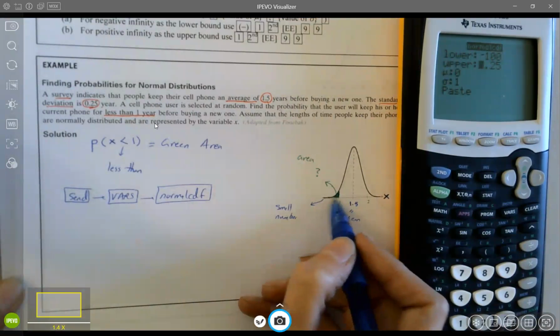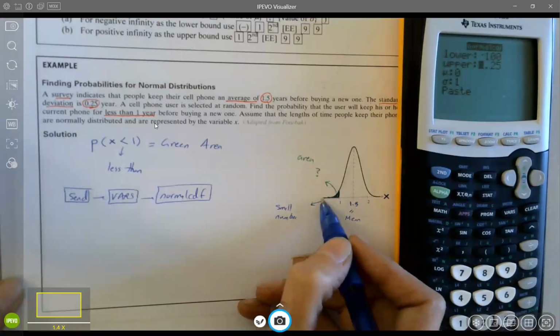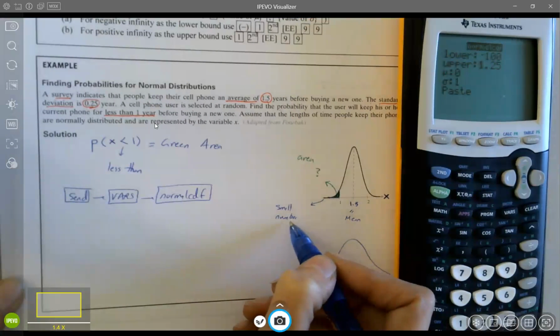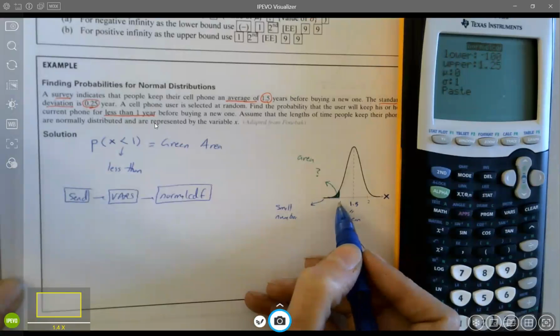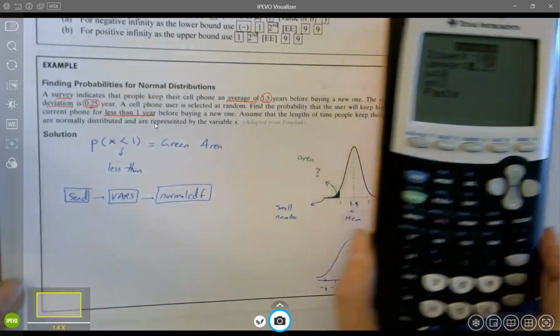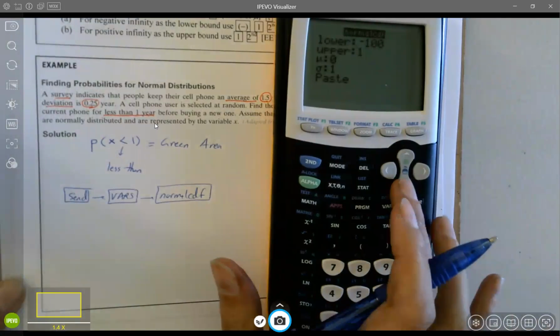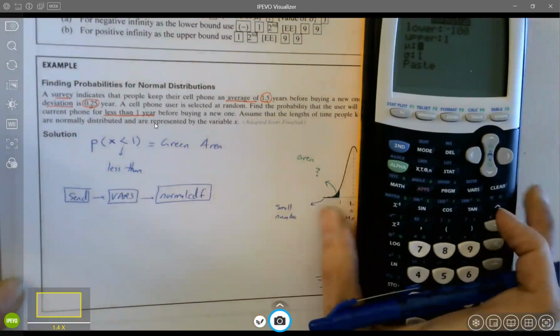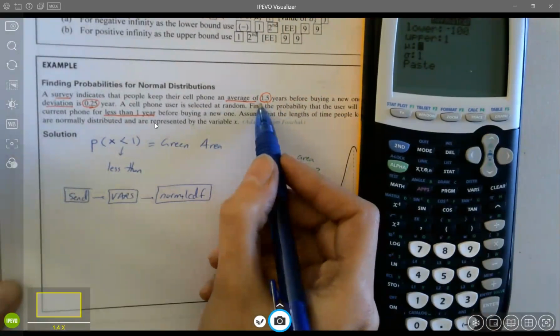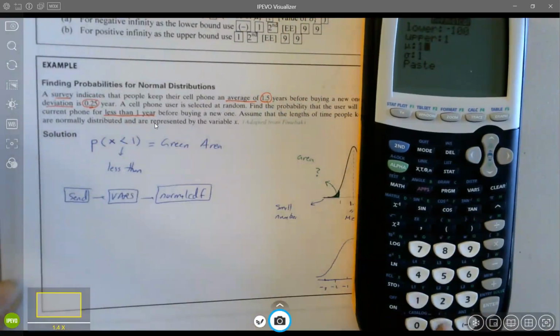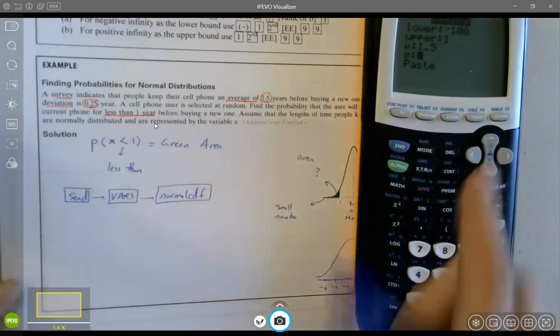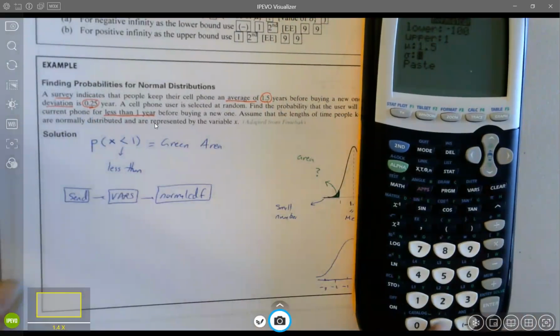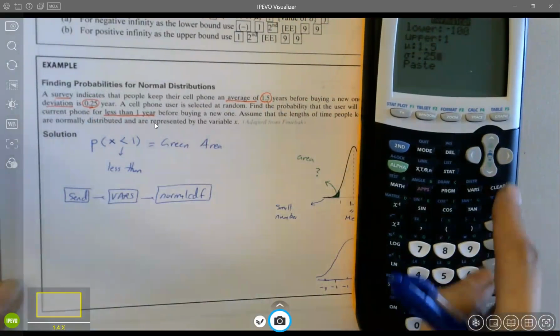So again, we want to find this green area. The lower bound is a very small negative number, and our upper bound is 1. What is the mean? The mean of the data is 1.5. What is the standard deviation? 0.25. Okay.